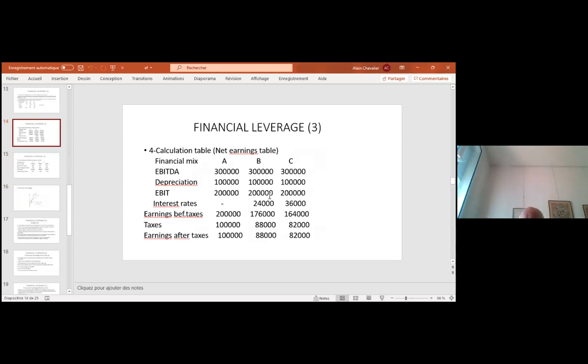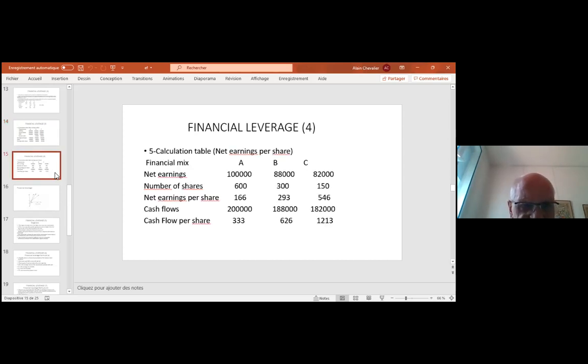What does it mean? It means if you have an EBIT equal to 0 in case B, you still have the interest, 24,000. That means that the earnings before taxes are equal to minus 24,000. Taxes equal to 0. Earning after taxes equal to minus 24,000. If you move to the second table, you have minus 24,000, still 300 shares.